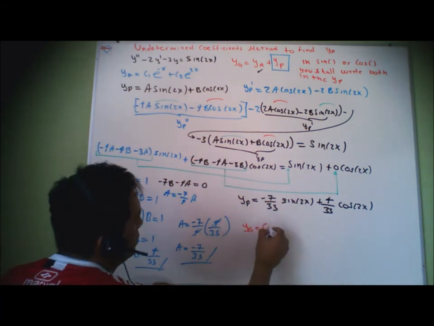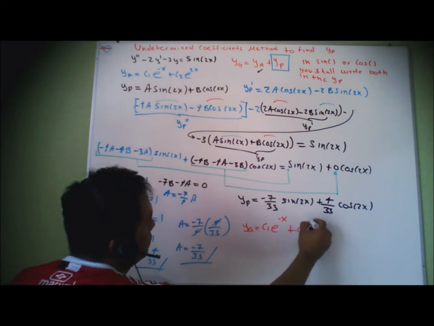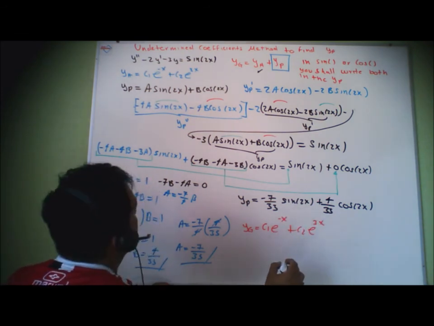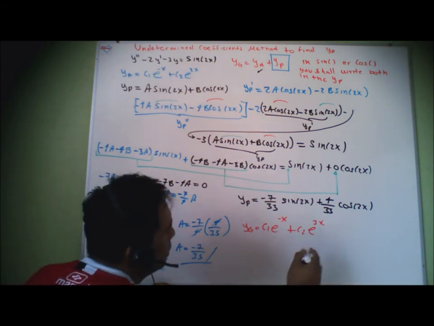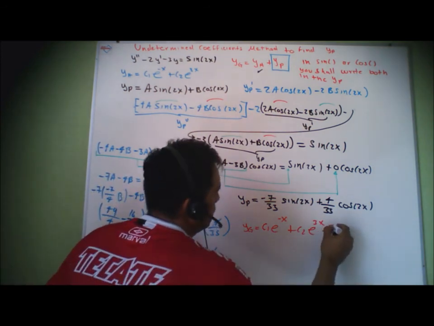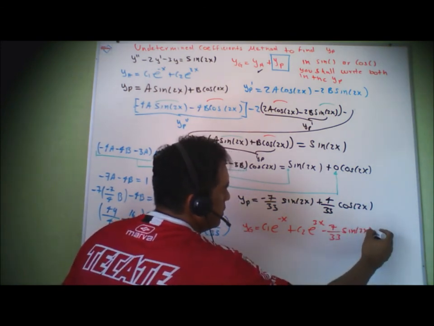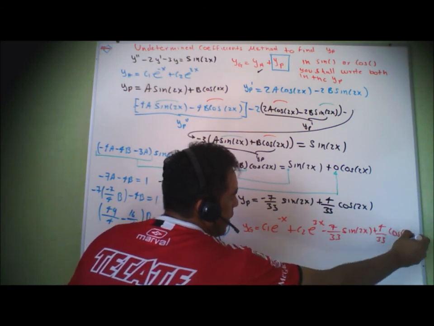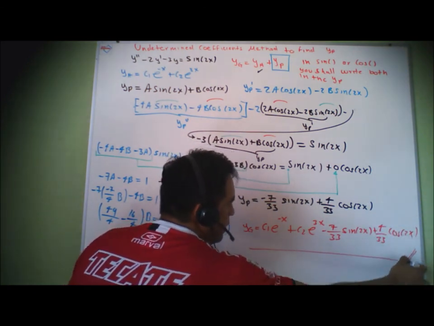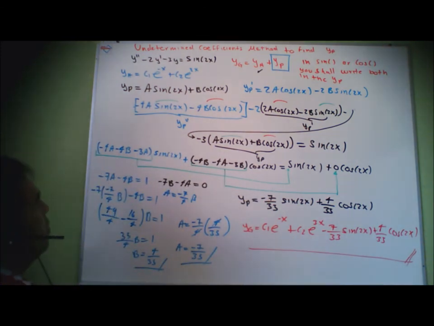The homogeneous is c1 exponential of minus x plus c2 exponential of 3x. Plus minus 7 over 33 sine of 2x plus 4 over 33 cosine of 2x, and that is the solution, the homogeneous plus your particular solution with the method of undetermined coefficients.